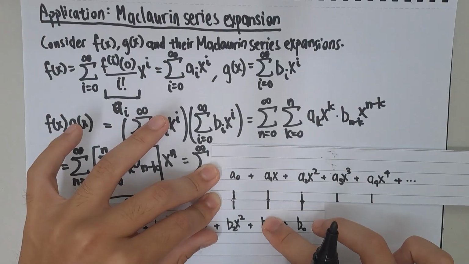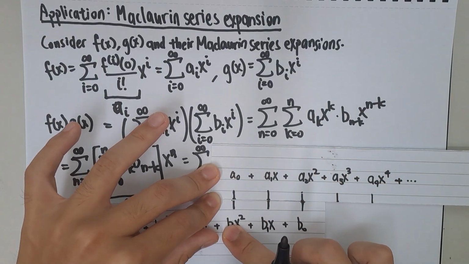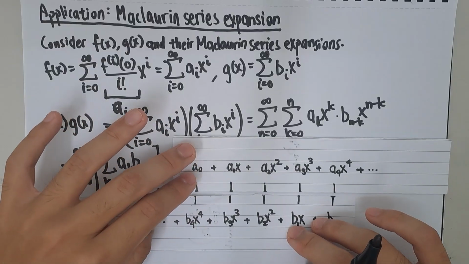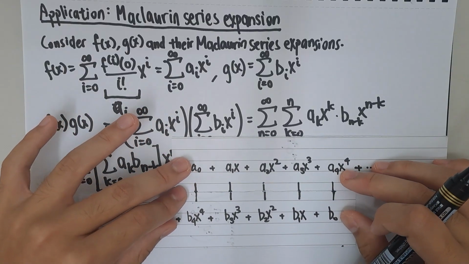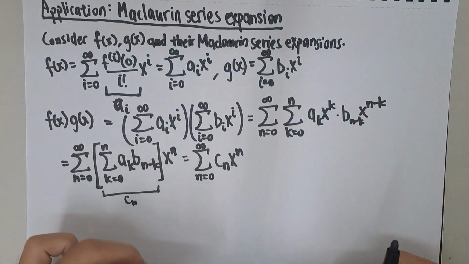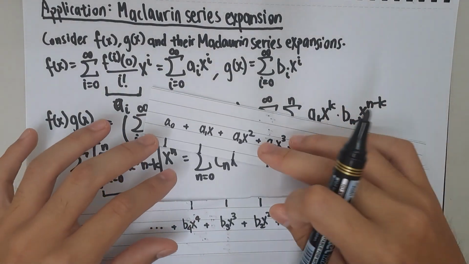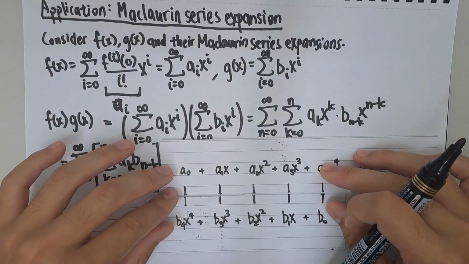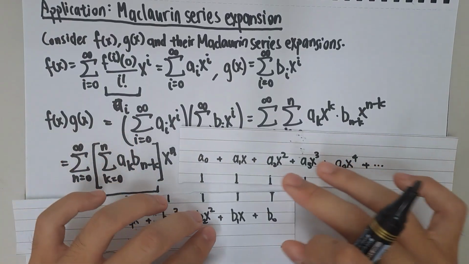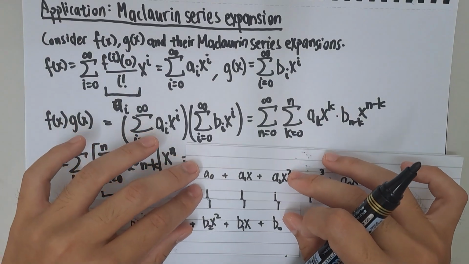Here you get a quadratic term too, and so on and so forth. You get a cubic term like this, you get the quartic term like this. And that's how you know exactly what the coefficients of each power of x is.